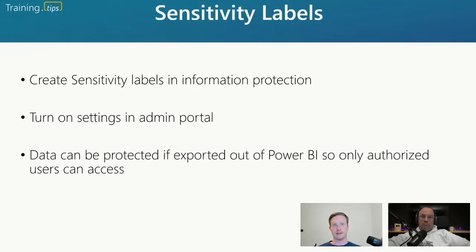So you can say that for any data that's exported from your Power BI, if, for example, your semantic model has a sensitivity label saying this is confidential, then people won't be able to open documents, even Excel files, of data that's been exported from this semantic model. So it's a really good way to stop data leakage. And so what we say is maybe you already have sensitivity labels in your organization. Maybe you want to create some new ones.